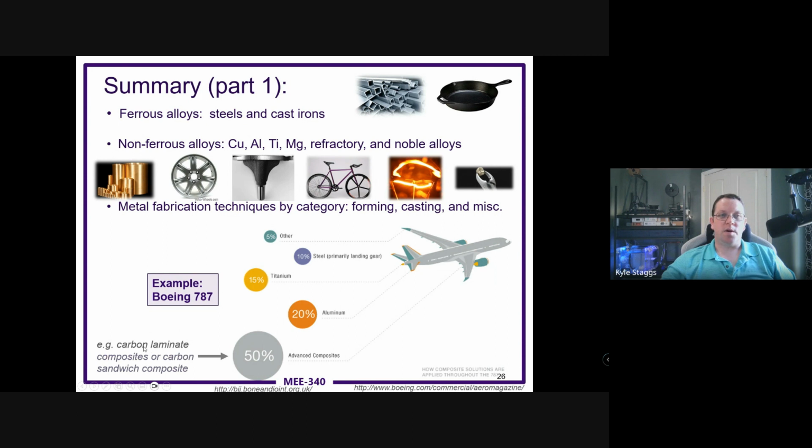Especially now, there's carbon laminates or composites for instance, like a Boeing 787. You have about 50% of the materials are an advanced composite to give you really low weight and high strength. You have about 20% aluminum, so that's basically the structural frame inside.